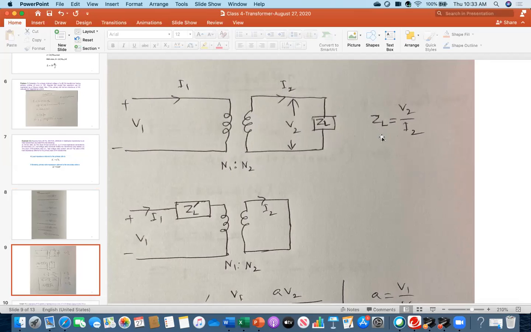I have written the load impedance ZL = V2 over I2. So the question is, if we consider this impedance to be located on the primary side instead, what should be its value?